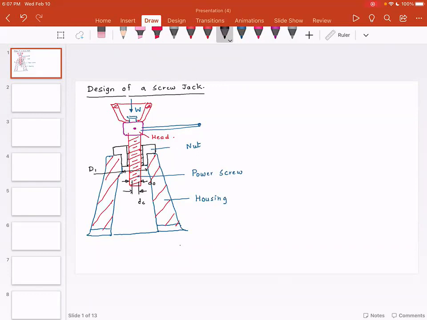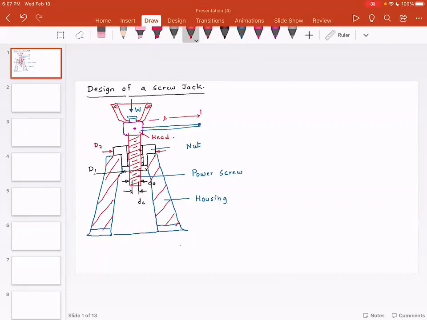Then I could have an external diameter for the nut, and this is D2. Then I could have the length of the handle, so this is L. And then you could have other dimensions like thickness of the housing or the lifting height and so forth.